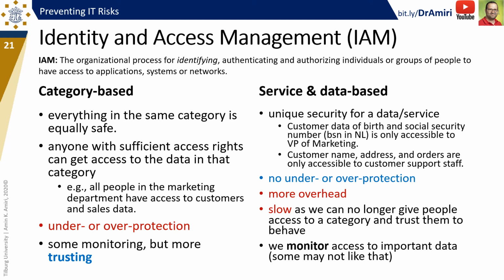And of course, in this system, you monitor access to important data quite heavily. Each access to the customer's date of birth or social security number is stored and logged in the system. So two approaches were suggested by the CIO here, and the CEO needs to make a decision about that.